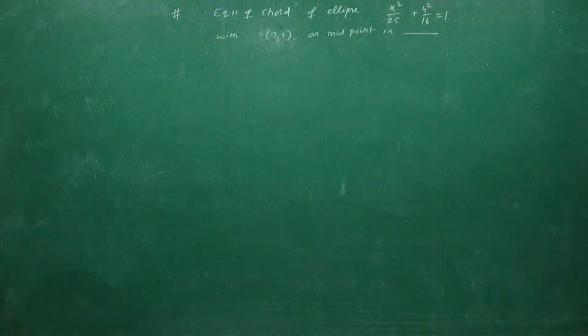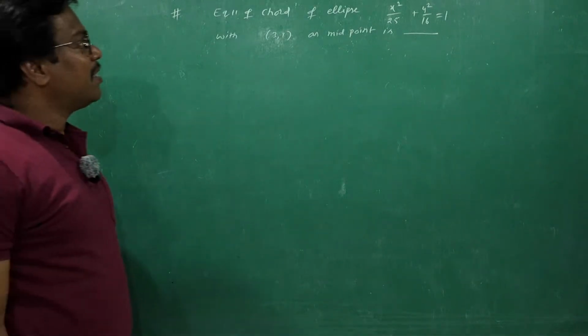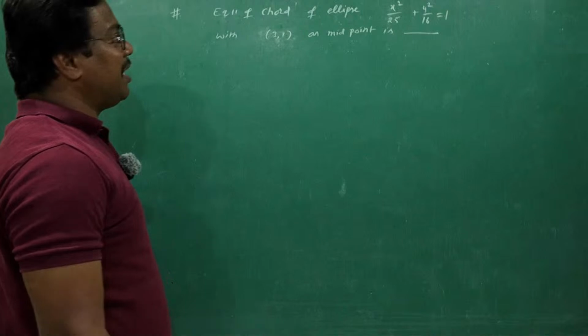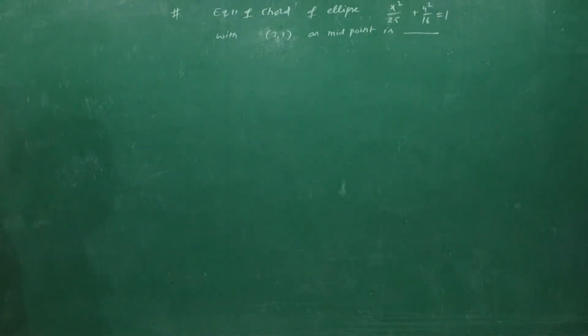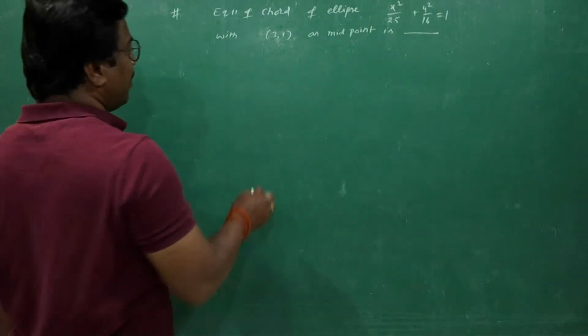This is the question. Equation of curve of ellipse x square by 25 plus y square by 16 equal to 1 with 3, 1 as middle point given.